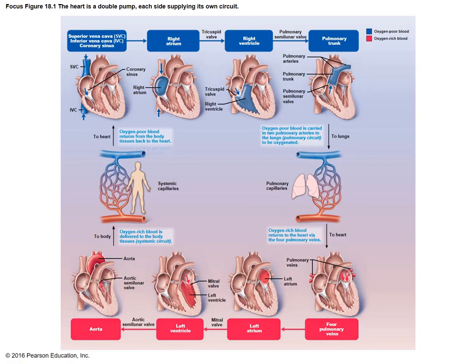And this just shows, basically, once again, you've got these 2 circuits. Blood coming to the right side of the heart, to the pulmonary circuit, to the left side of the heart, systemic, heart, lungs, heart, systemic, heart, lungs, etc.